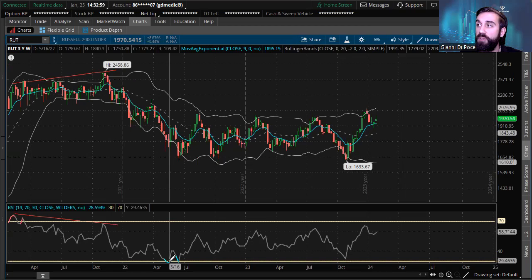Okay, so that told us on the weekly time scale, which is pretty significant in the Russell 2000, that in May of 2022, there was an overwhelming number of sellers. Let's make sure that's very clear. When you have an RSI indicator reading below 30, you have an overwhelming number of sellers.